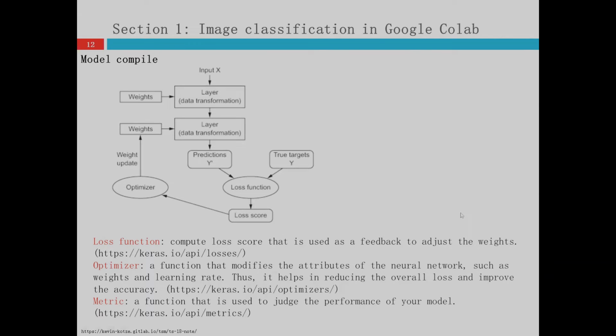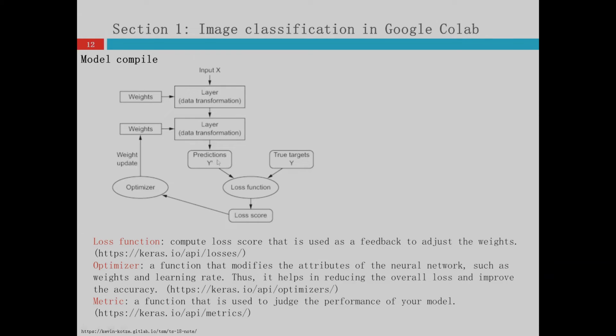Another thing to understand is the model compile. This image shows the whole process. When you input your data, in our case the image, it is processed layer by layer, such as a convolutional layer or max pooling layer. And finally, you will have the predictions, y prime.